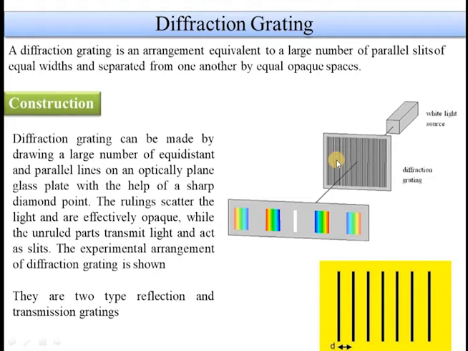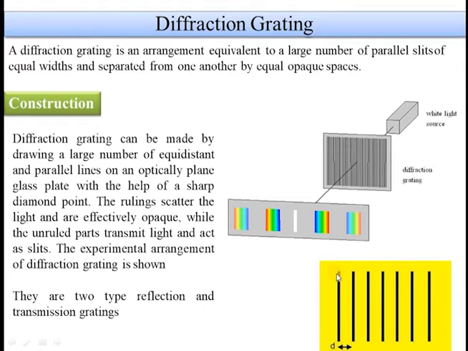The region where we put the lines will be opaque to the light, and these are known as opacities. The other region, where there is no carving and no lines drawn, will be transparent to the light and acts as a slit, and that region is called transparencies.